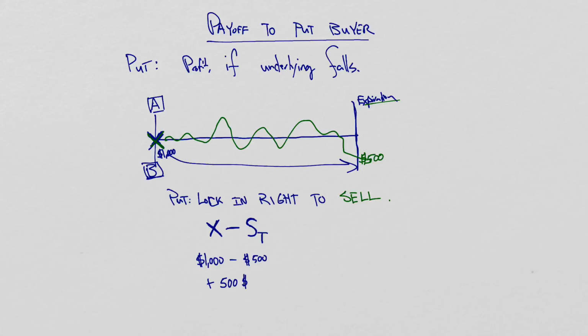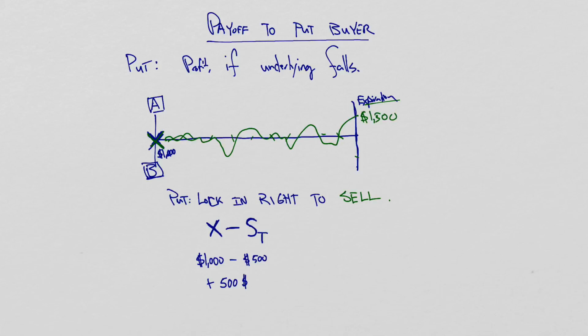Now, again, just like the buyer of a call, if the value of Apple, the underlying, didn't go the way the buyer of this option planned, in this case, the buyer of the put expected the price to fall. But if instead Apple rose to $1,500, you can see the problem just mathematically.